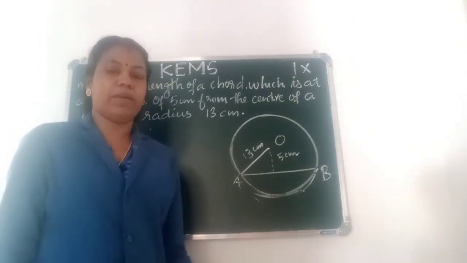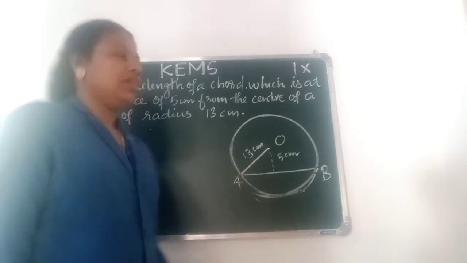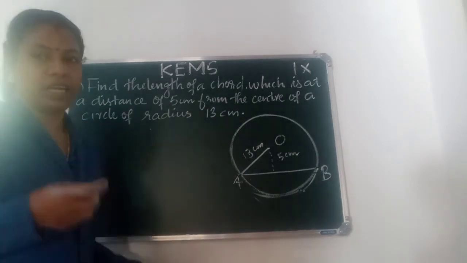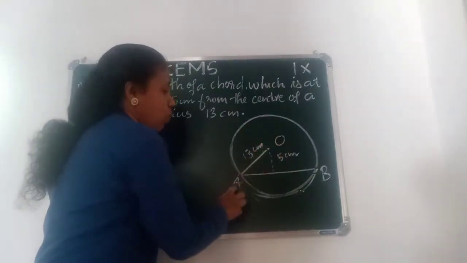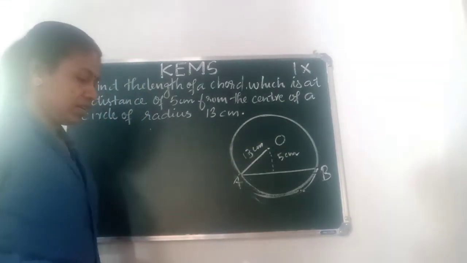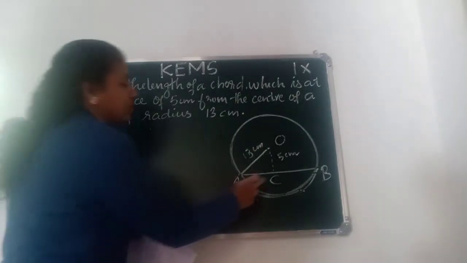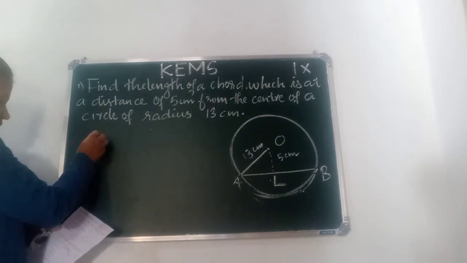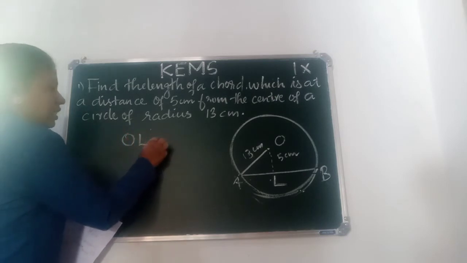Find the length of AB. How can you find it? First, let AB be the chord, and given that OA is the radius. Then name this point L, so OL equals 5 cm.